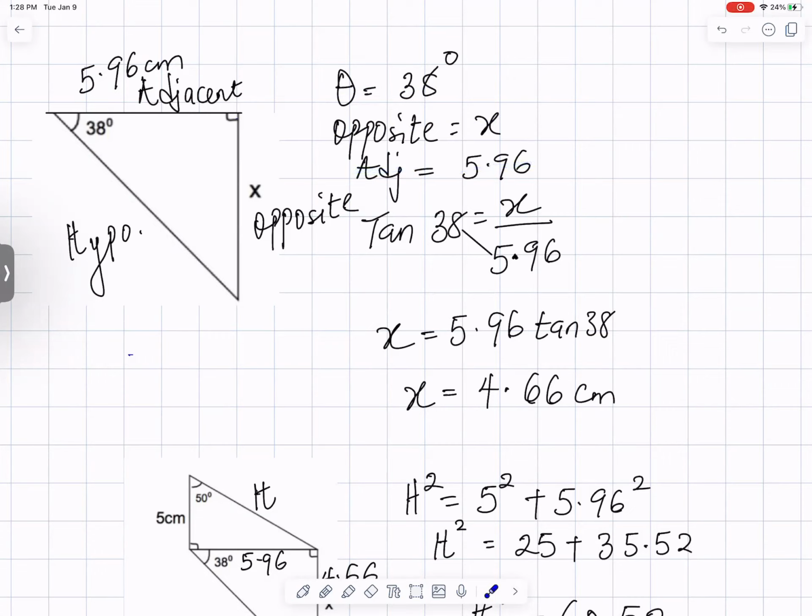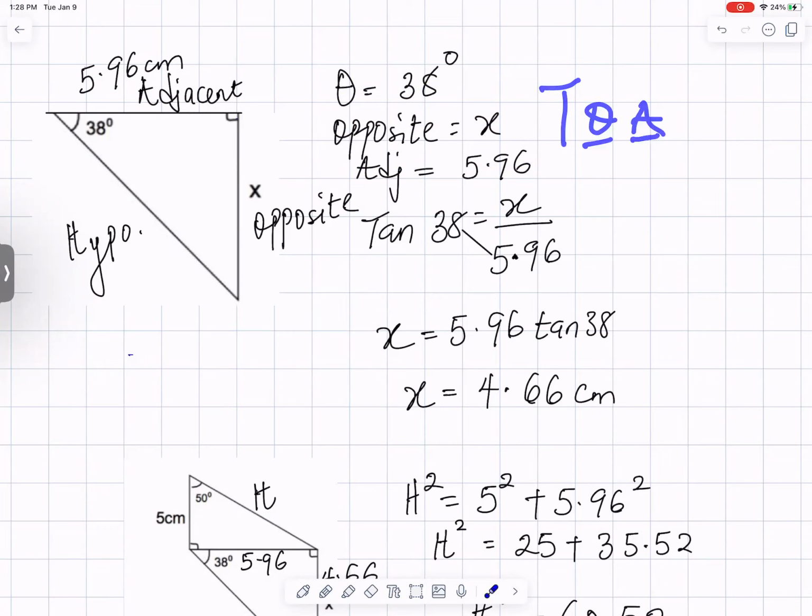So we are using tan, because tan is the one that has opposite and adjacent. Tan 38 equals x, which is our opposite, divided by the adjacent, which is 5.96. Same thing, we have to cross multiply.